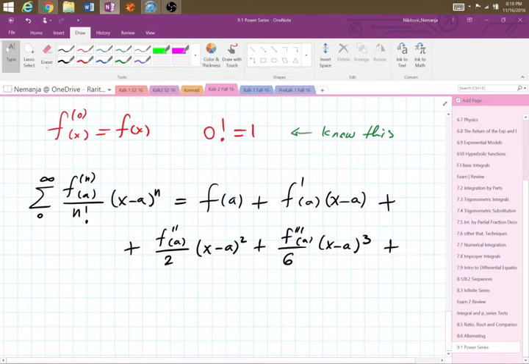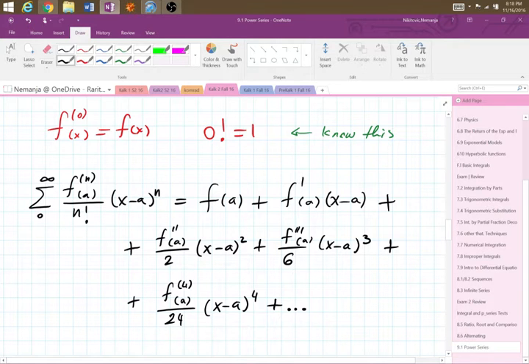Plus, I'll do one more term, the fourth derivative. Now we're switching the notation, using numbers in parentheses. 4 factorial is 24, times x minus a to the 4, plus dot, dot, dot, forever. There is the expansion for your Taylor polynomial.